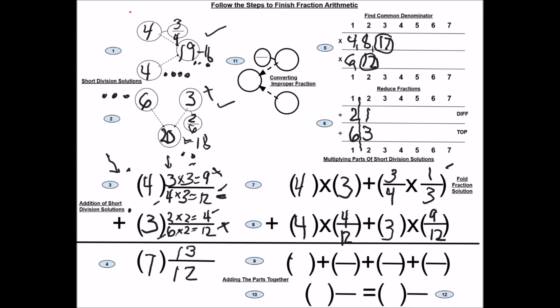We started with 4 times 3, and 4 times 3 is 12. And now we have 3/4 times 1/3, and to multiply, we actually have to multiply the numerators and then multiply the denominators. So 3 times 1 will give us 3, and 4 times 3 will give us 12.